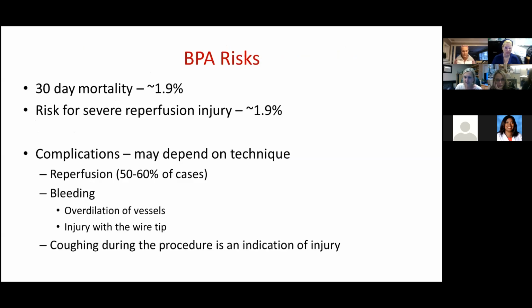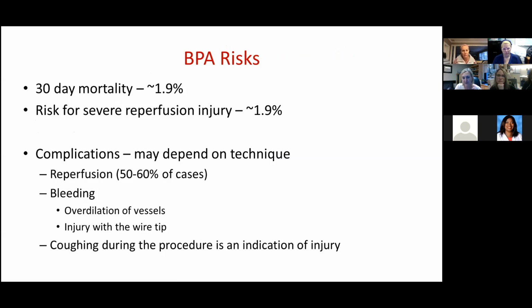In the European literature and some of the US literature, 30-day mortality was recorded at about 2% because of the severe reperfusion injury. If you look at Japanese data, and that's the approach we use, the 30-day mortality was less than 0.05%.